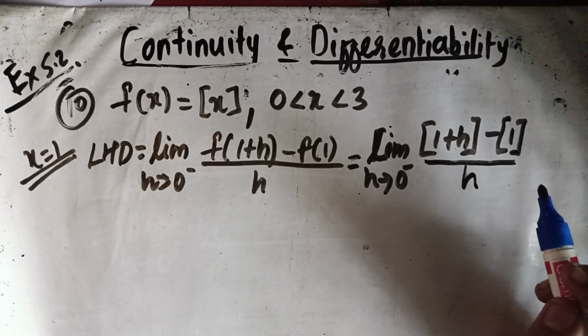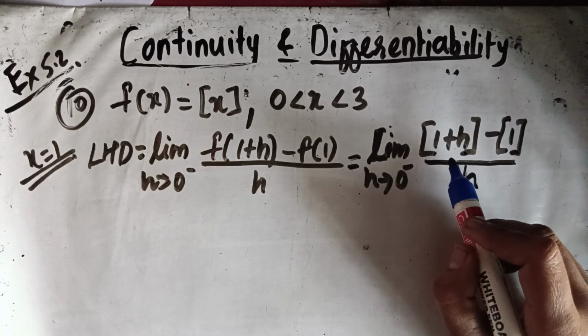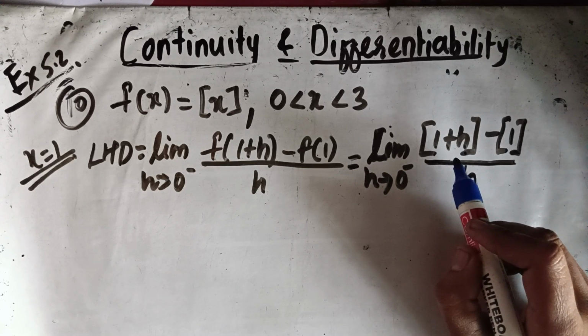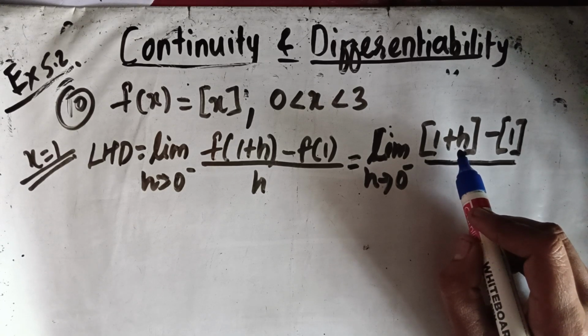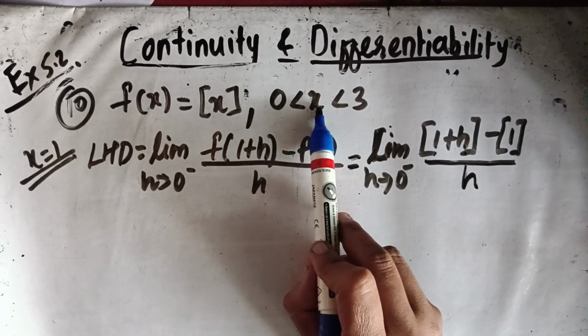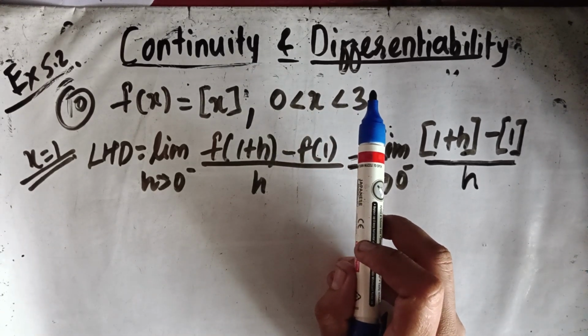So this is 1 plus h, right? We are approaching from the left hand side. For a greatest integer function, this answer will be 0, correct? X is between 0 and 3, and we take only the integers.